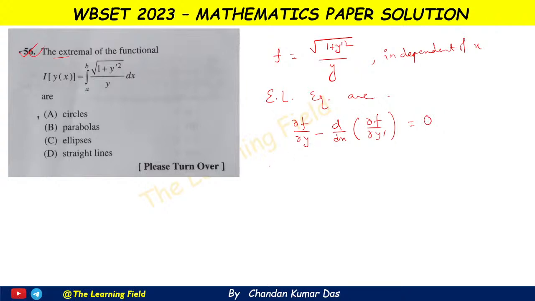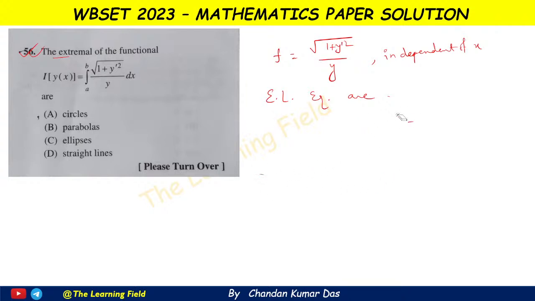Okay, so del f del y means what? If I made a mistake, then you must comment, okay, that sir you made a mistake here. Okay, so del f del y means 1 plus y dash square by minus of obviously y square, minus d/dx of del f del y dash means, sorry, I wrote a mistake here, sorry for that.